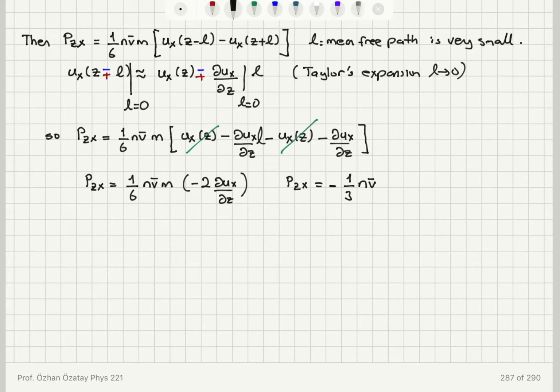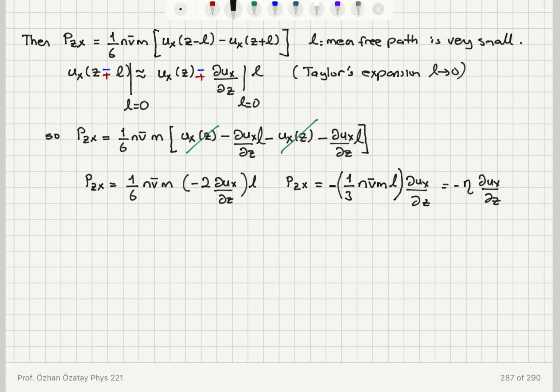Remember that we have the mean free path here as well, L. So this is going to be 1 over 3 n v bar m L times del ux del z. This number in the parentheses is basically our coefficient of viscosity, with Pzx equal to minus viscosity times del ux del z.